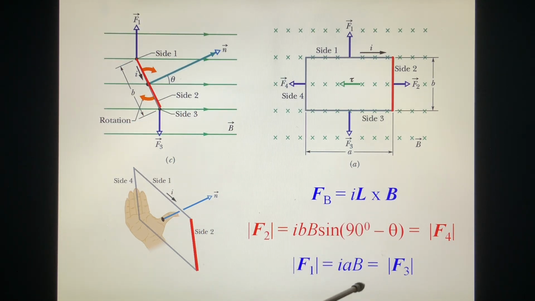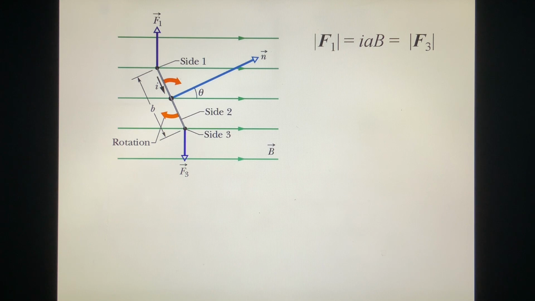They are equal and opposite, but wait. You see this one? This is F1, this is F3. They don't act on the same line. Even though they have the same magnitude, they are not on the same line.